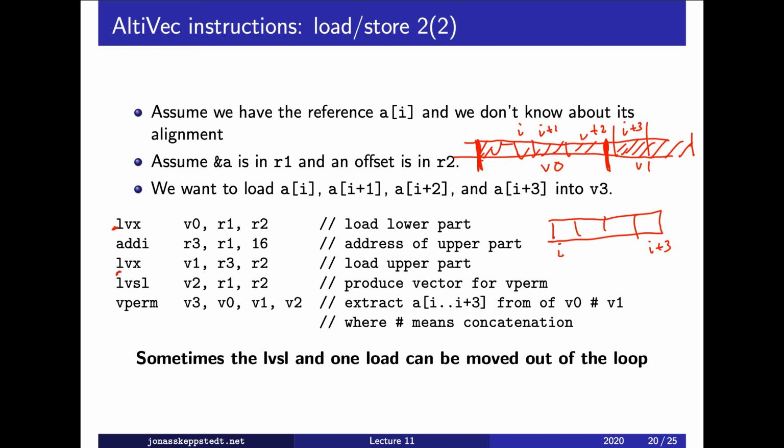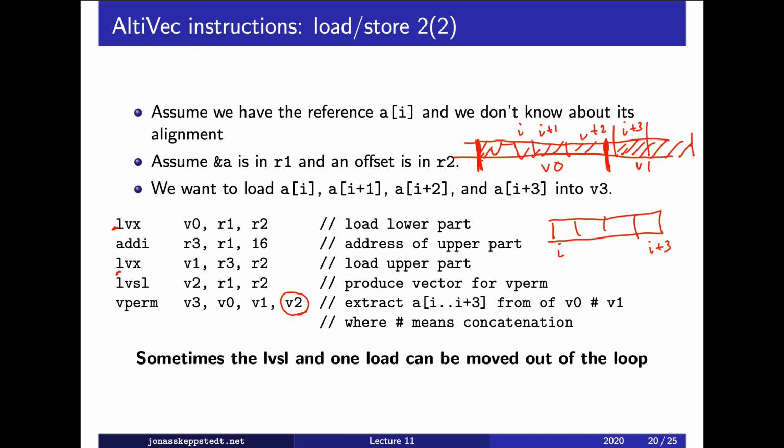Okay, so how can we know in a very efficient way the bit pattern that we should put in this register? That pattern depends on the actual virtual address, the address that we really have.